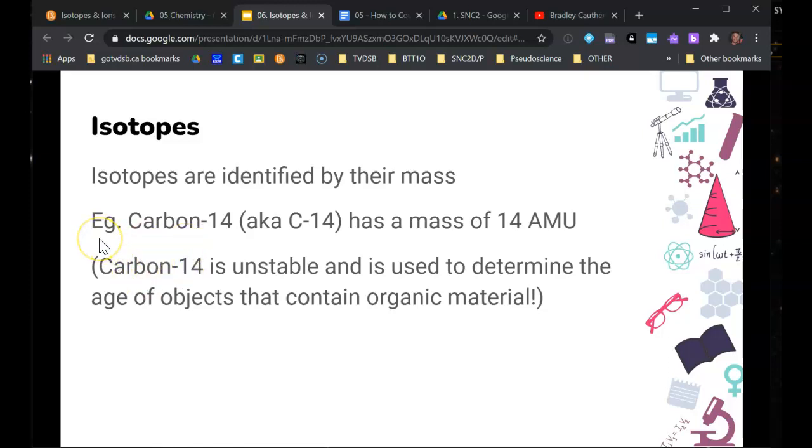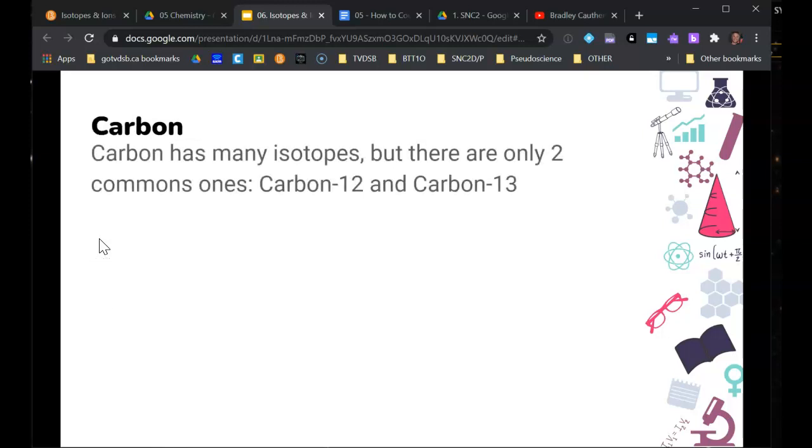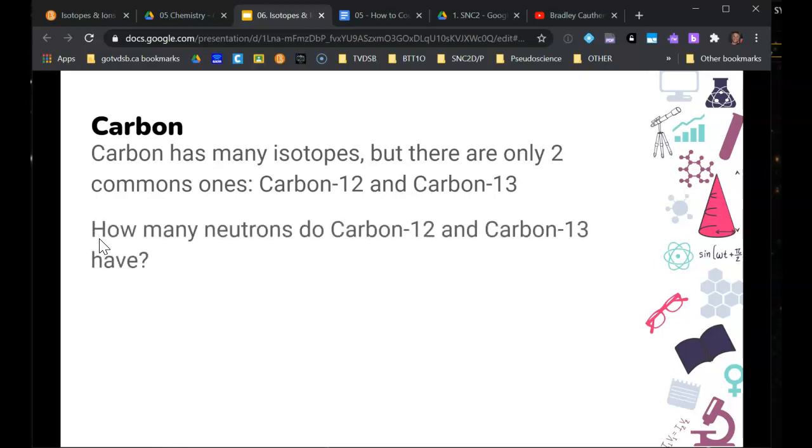So again, carbon-14 has a mass of 14 atomic mass units, which if you look at your periodic table doesn't seem to really make sense. But here's how it works. Carbon has many isotopes. There are 2 very common ones, carbon-12 and carbon-13. Now, how many neutrons would carbon have to have in order to be considered carbon-12?